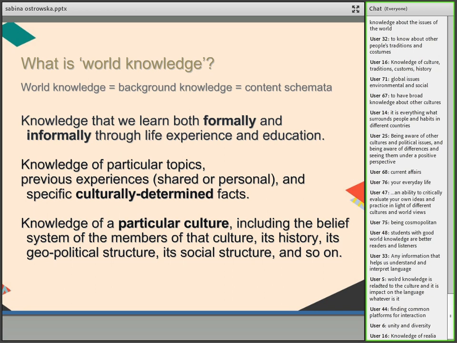World knowledge, as all of you mentioned, are culturally determined facts, things we want to learn about other cultures because we want to know about other cultures' customs and behaviors and their history, because this information helps us in everyday life to understand newspapers, for example, to understand what we watch on the news, on television.